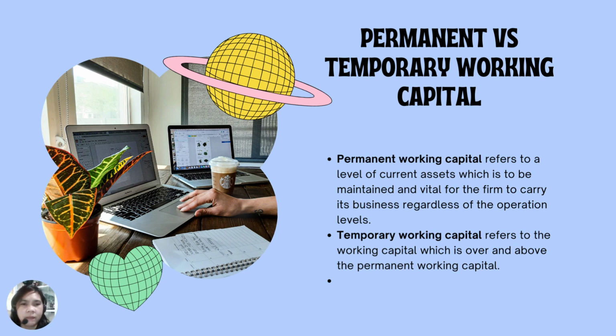Okay. And then permanent working capital is stable while temporary working capital is fluctuating. Sabi natin fluctuating, pwede pong mag-increase, sometimes decreases. So again, yung permanent working capital, stable po yun. Pero yung temporary working capital po, fluctuating.